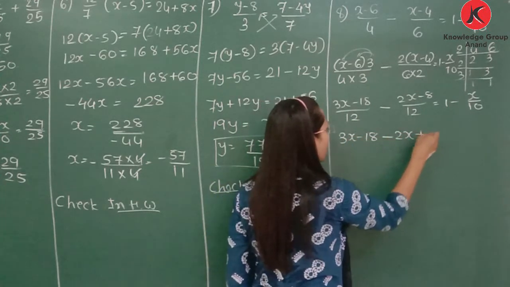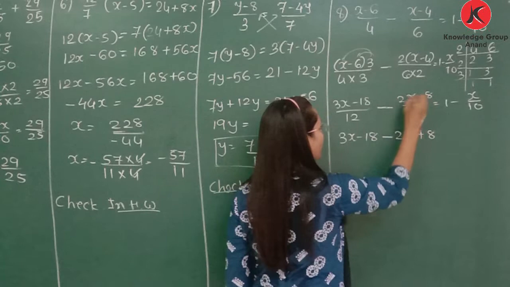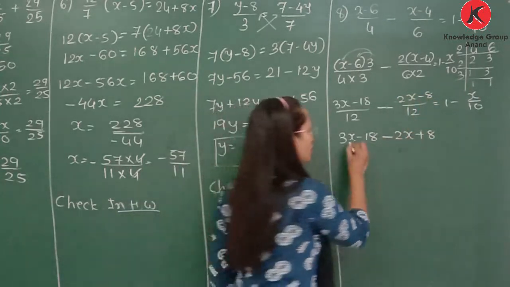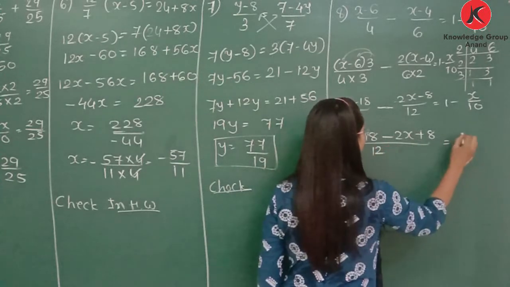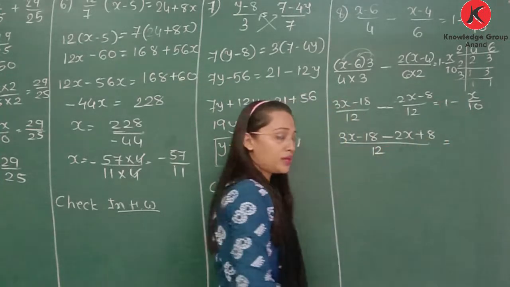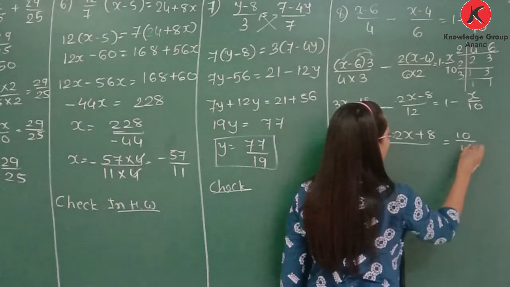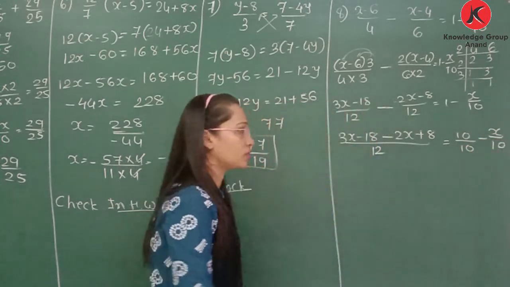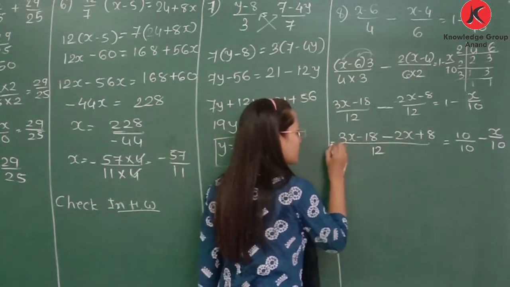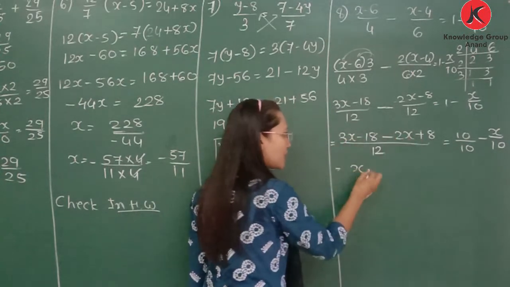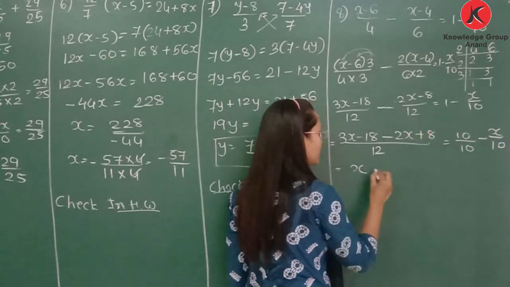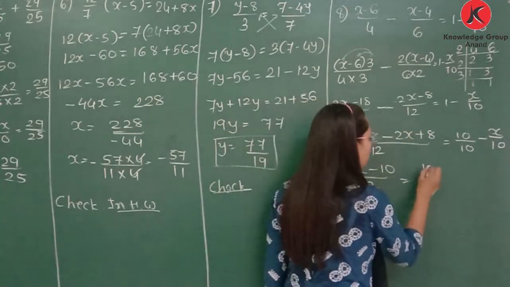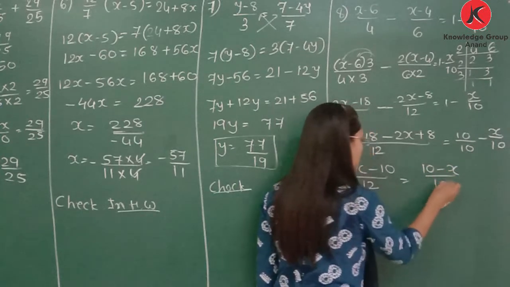Minus 2x plus 8, because this negative sign is applied with both numbers, so it is minus 2x plus 8. Whole divide 12. Now take the LCM here, so we will get 10 by 10 x. 3x minus 2x is x. Minus 18 plus 8, that is minus 10. Whole divide 12 is equal to 10 minus x whole divide 12.